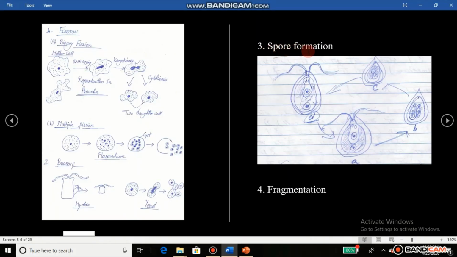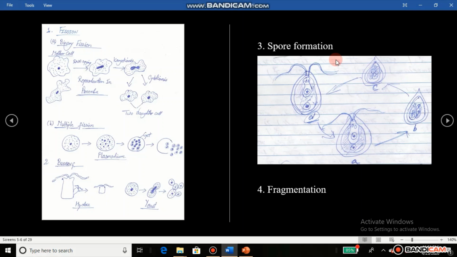The third one is spore formation. Let me tell you what spore formation is first, and then I will explain this diagram. Spore means a seed-like structure, a dot-like seed that forms in many kinds of organisms, mainly in fungus. There are different kinds of fungus, and some algae also, mostly different kinds of fungus: Penicillium, Mucor, Rhizopus, or green algae, Chlamydomonas.